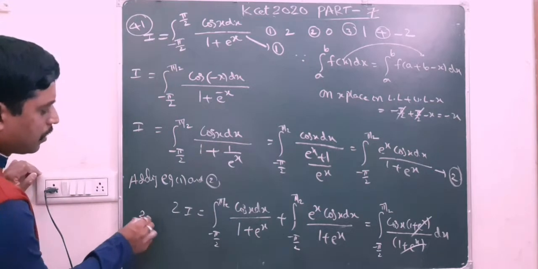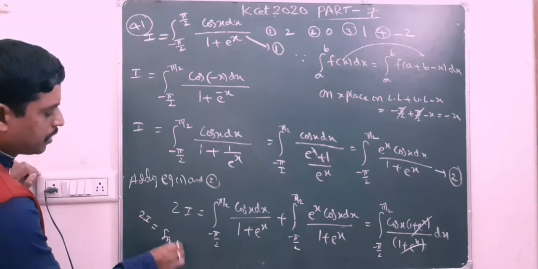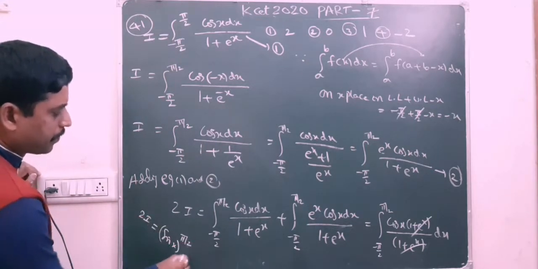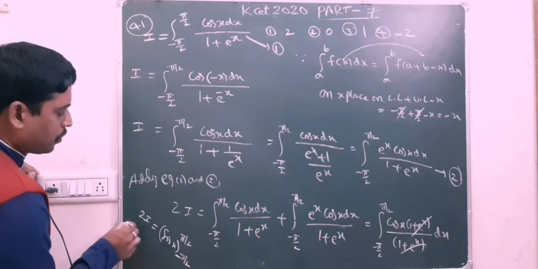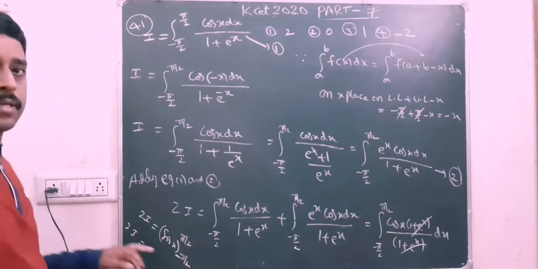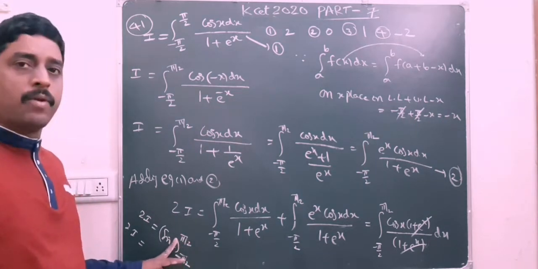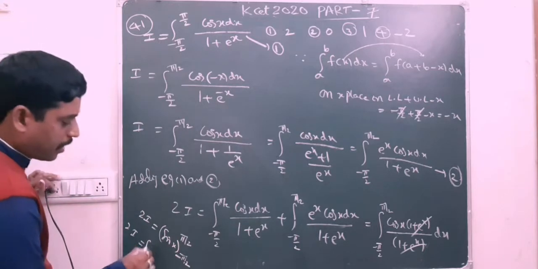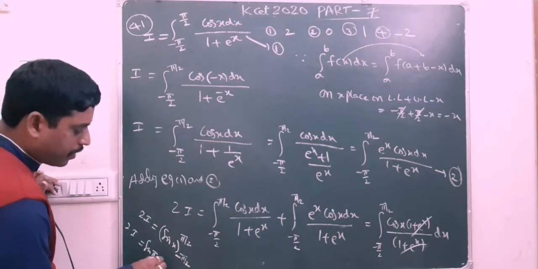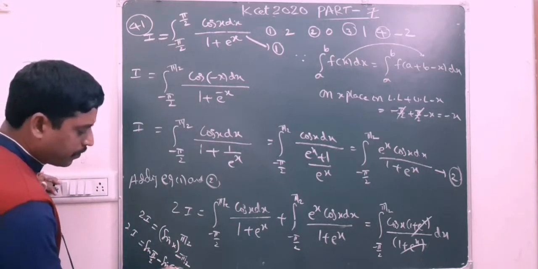Therefore 2I is equal to sin x with limits pi by 2 to minus pi by 2. So 2I is equal to, first on explanation we should write upper limit, formula minus, on replacing x by lower limit. So sin 90 minus sin of minus 90.